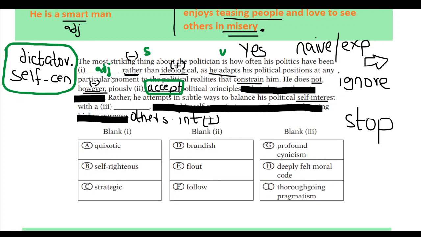Okay, so now I need to shift to semantics because I do know the meaning of ideology. It's like government for the people, by the people, to the people. So this initial guess might be something opposite of ideology, something like dictatorship, self-centered.